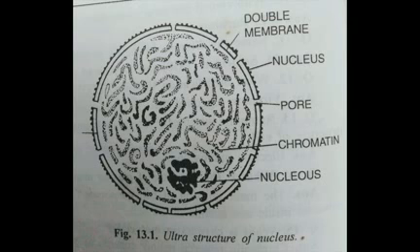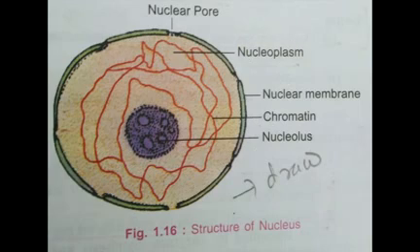Now, the nuclear membrane. Like the cell membrane or plasma membrane, it separates the nucleus from the cytoplasm. The nucleus is suspended in cytoplasm, so it separates the nucleus from the cytoplasm. It is mainly made up of protein and lipid materials.